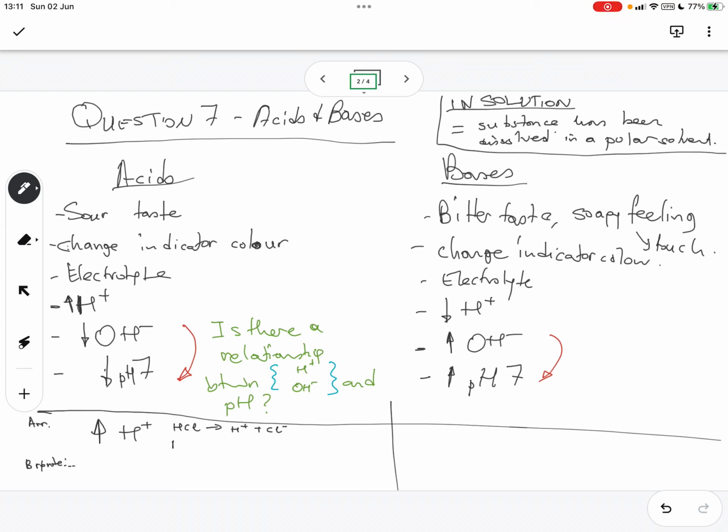Hydrochloric acid becomes H plus plus Cl minus, or it's also HCl plus water, where water acts as a base. Then this becomes H3O plus and Cl minus, because the water receives a hydrogen ion.